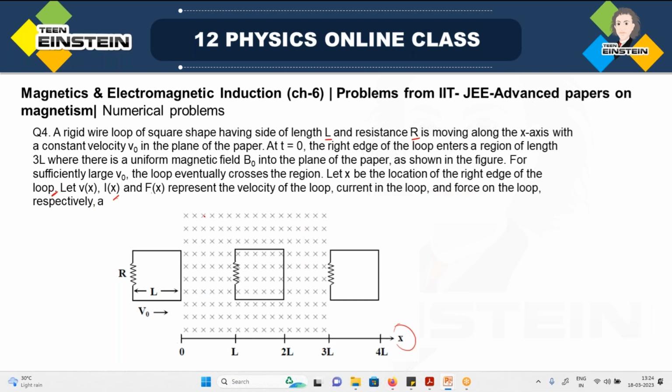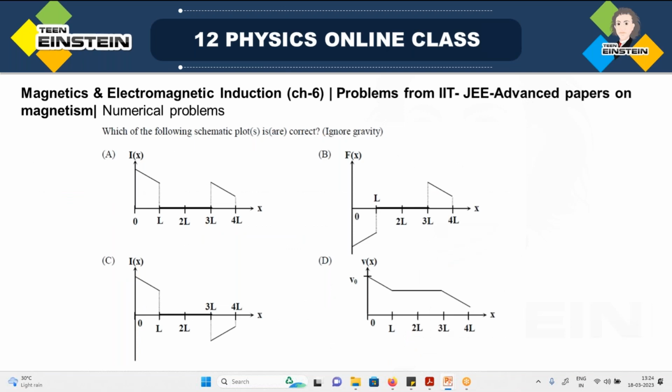So Vx is velocity, I is current, and F is the force on the loop respectively. You have to find out which one of the following plots is correct, ignoring gravity.